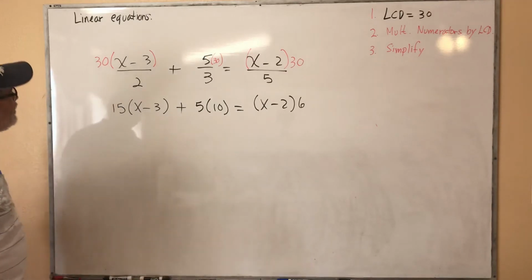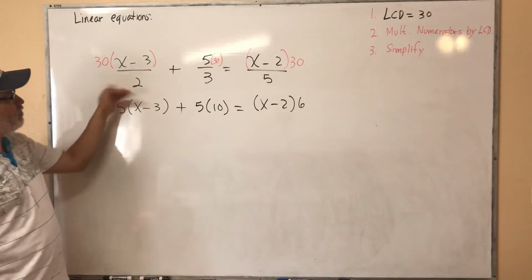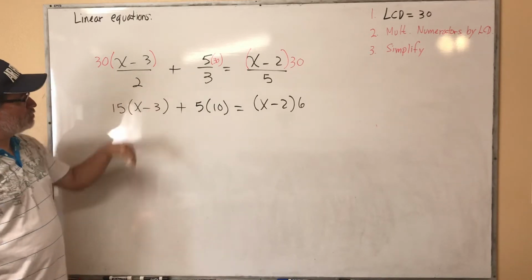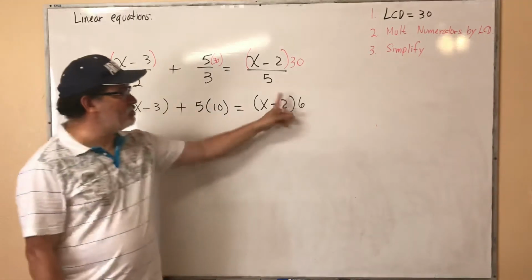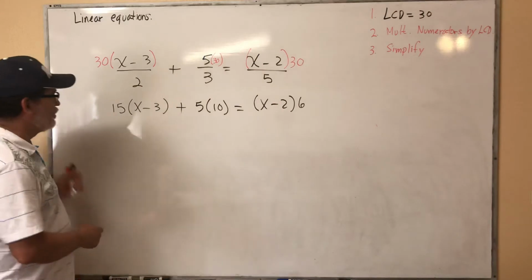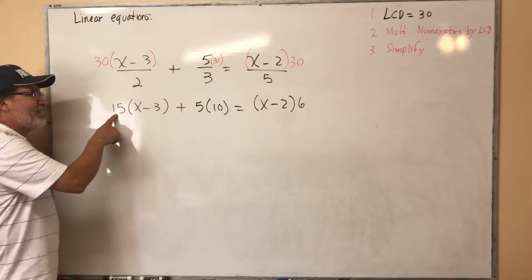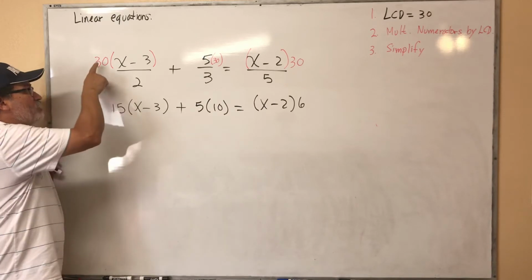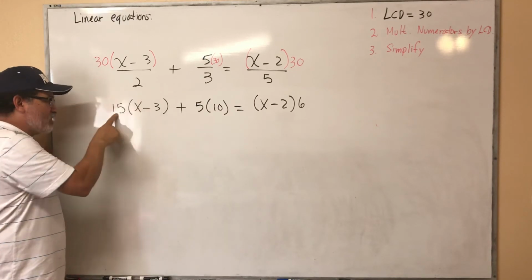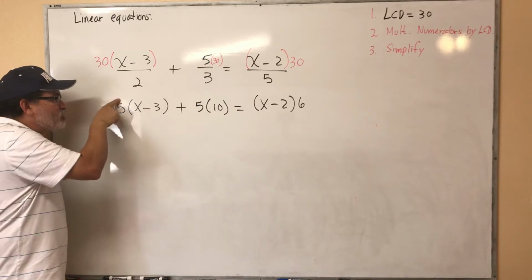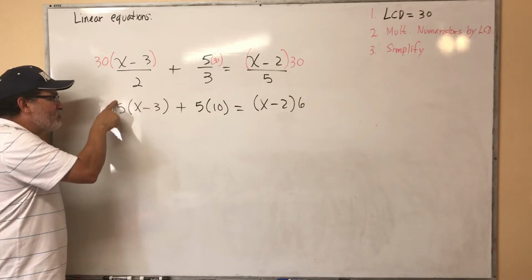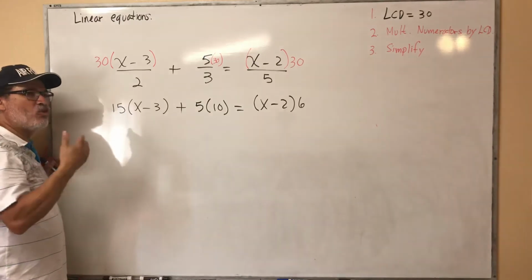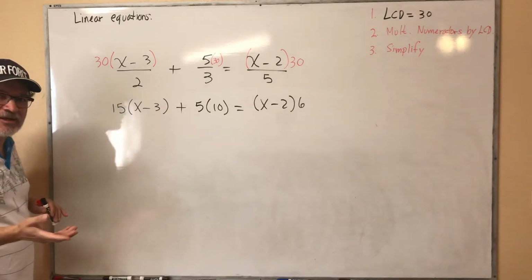Okay. Now, I'm going to distribute. Note, you tell me, how do we get to 15? We got the 30 divided by 2 is 15. So when this 15 is distributed into this parentheses, guess who is distributed?